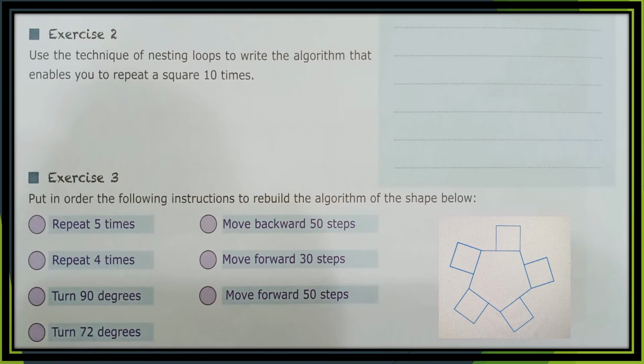Let us now answer exercise number 2. In this exercise, we are going to use the technique of nesting loops in order to write the algorithm that enables you to repeat a square 10 times. So what should be the first step?